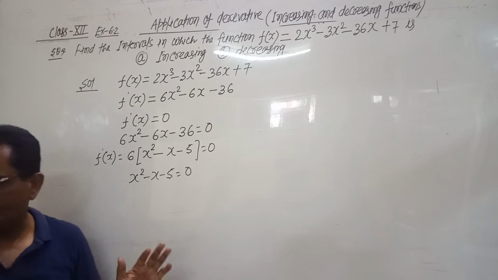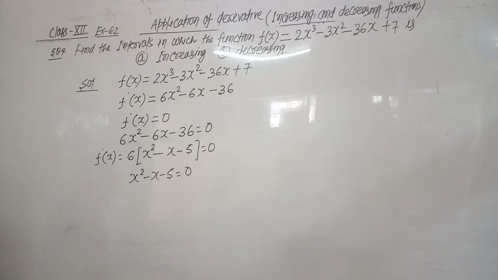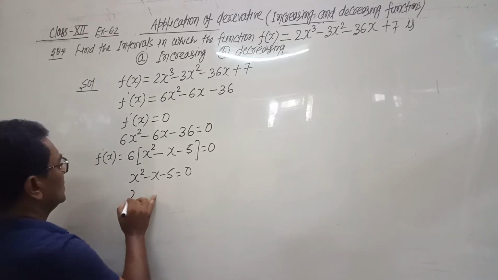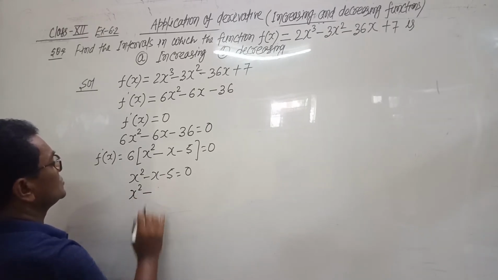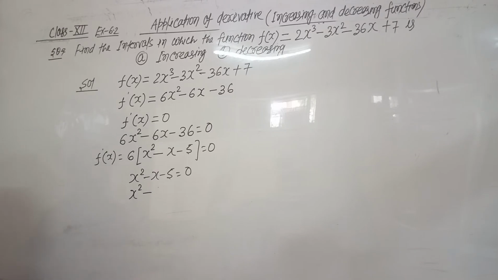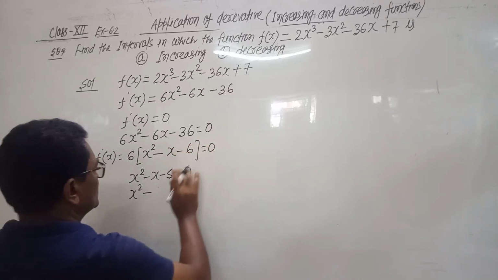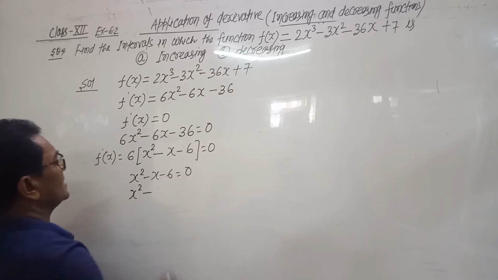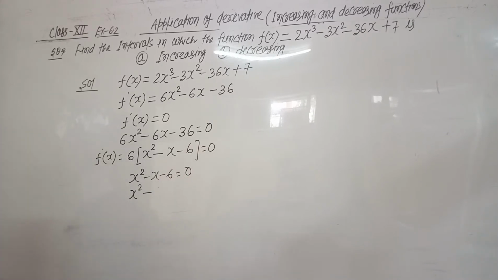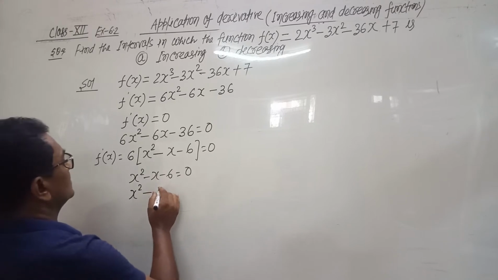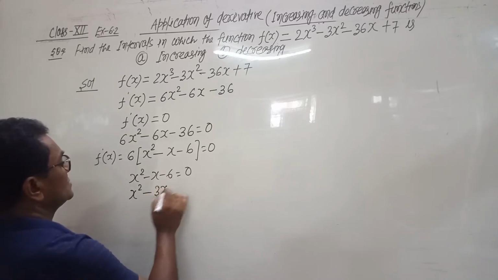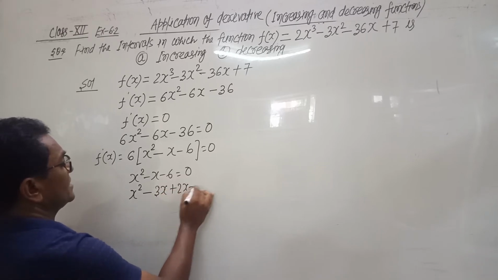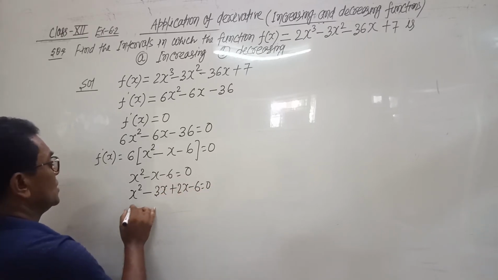Now we have to factorize and find the value of x. For x^2 - x - 6, the factors are 3x and 2x, so x^2 - 3x + 2x - 6 = 0.